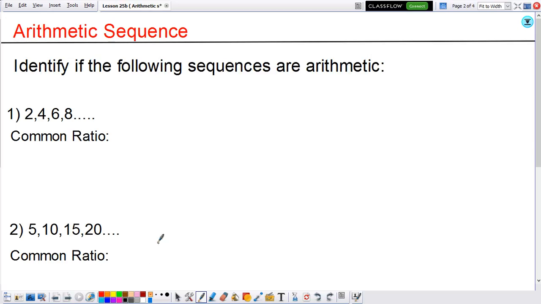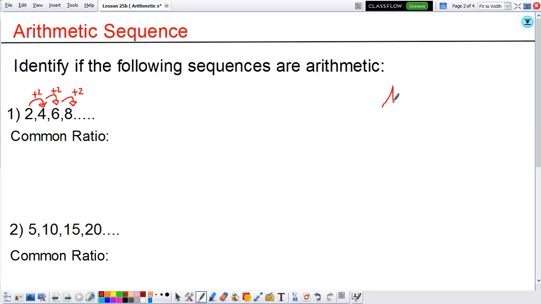Now here, all we're doing in this following example is just identify if it's arithmetic or not. So now let's see. Here, look at the sequence 2, 4, 6, 8. What are we doing to get to the next number? Well, it seems that to go from 2 to 4, I needed to add 2. It seems like in order for us to get to the next number, we're always going to be adding 2.